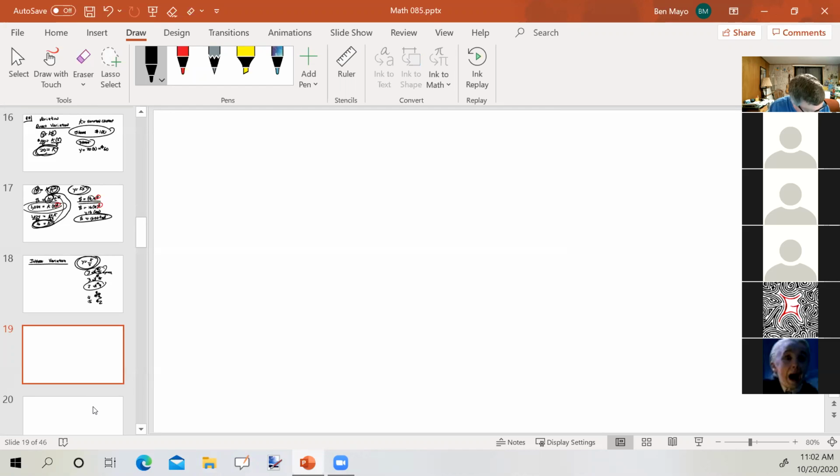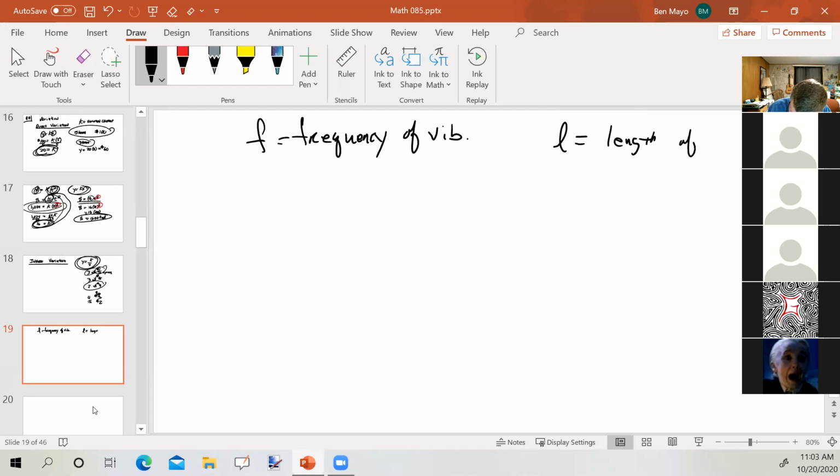So we've got frequency of vibration, which I'm going to use a little f. And then L is going to be the length of the pipe. Okay, so I'm identifying my variables.